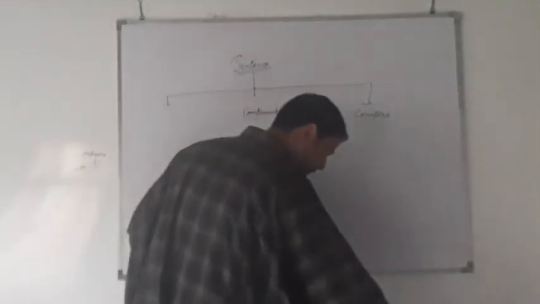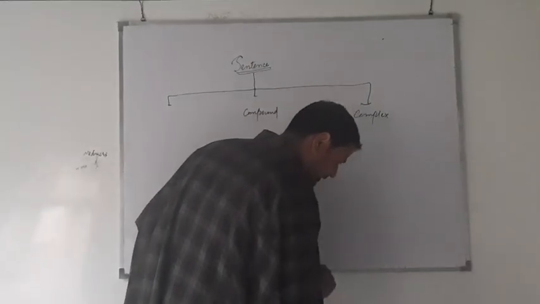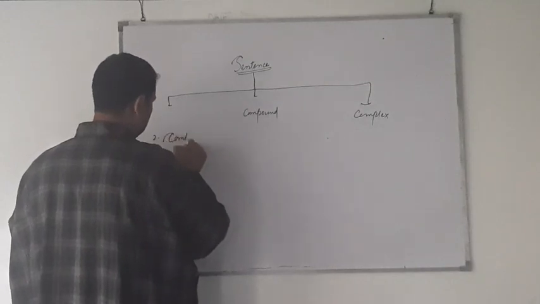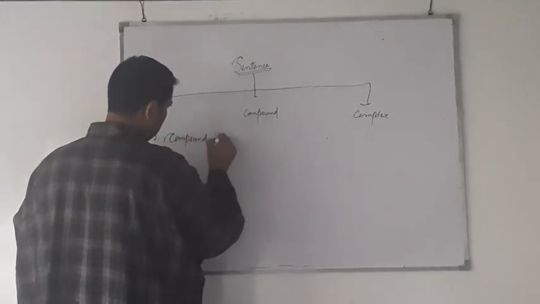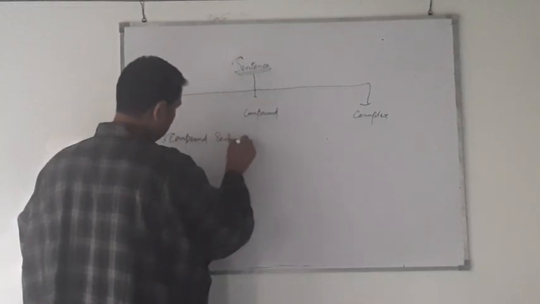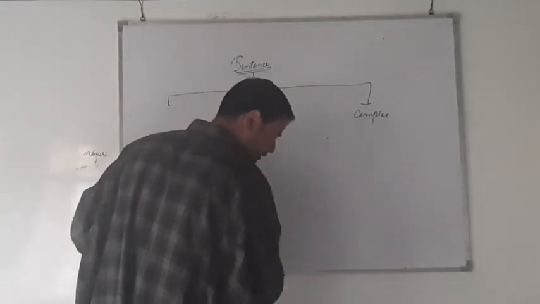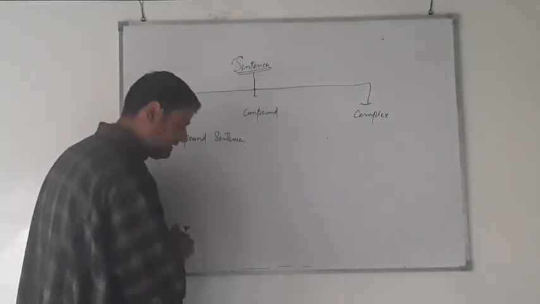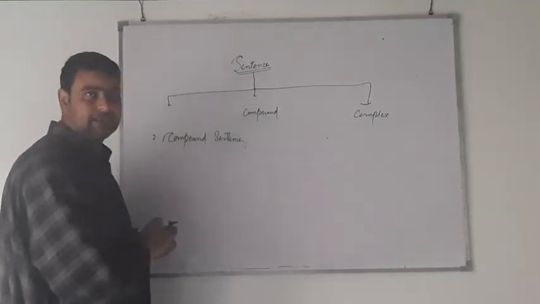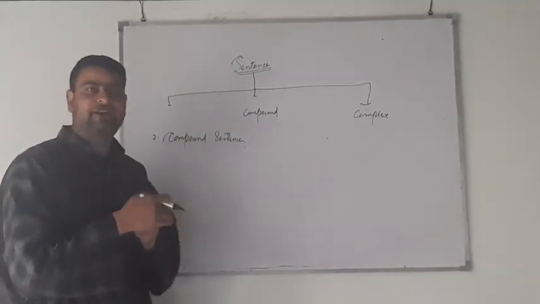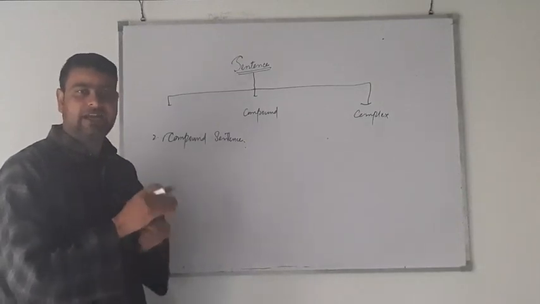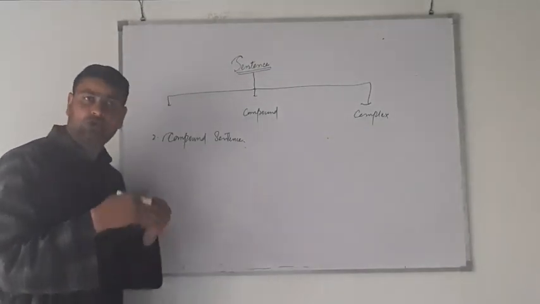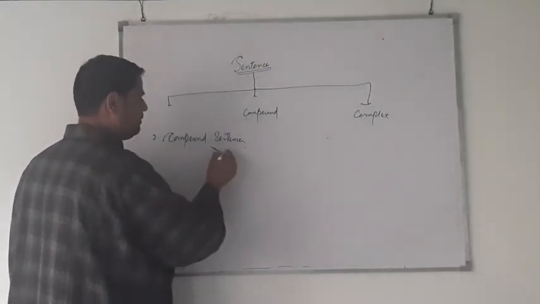Now we have one more, that is compound sentence. A compound sentence is that sentence which has two independent clauses joined by a conjunction, and, or it can be two or more independent clauses.